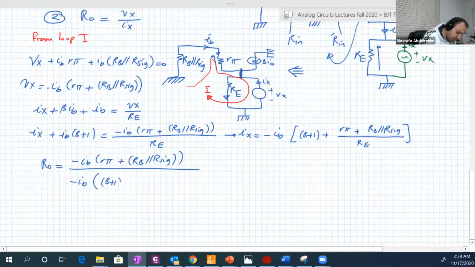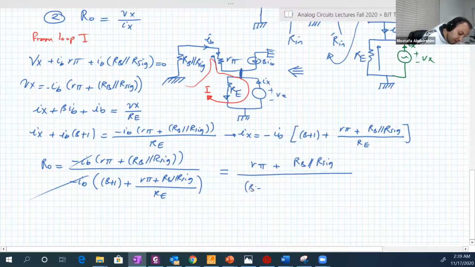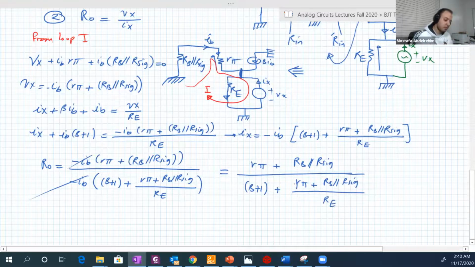Then we have beta plus 1 plus R pi plus RB parallel R signal over RE. Minus IB will go with minus IB. So this will give us R pi plus RB parallel R signal over beta plus 1 plus R pi plus RB parallel R signal over RE.